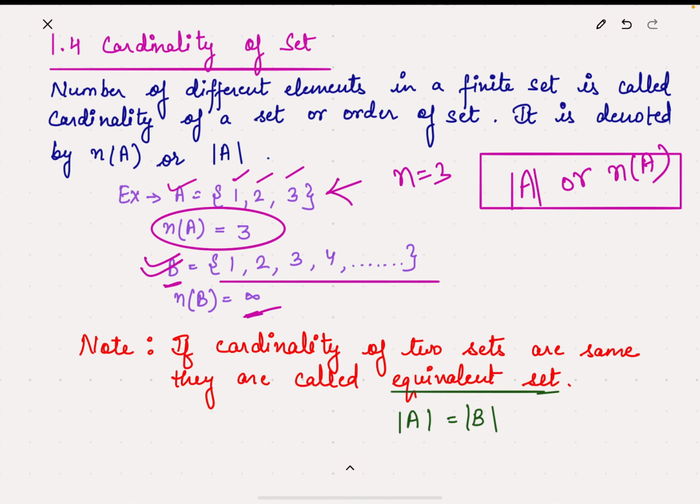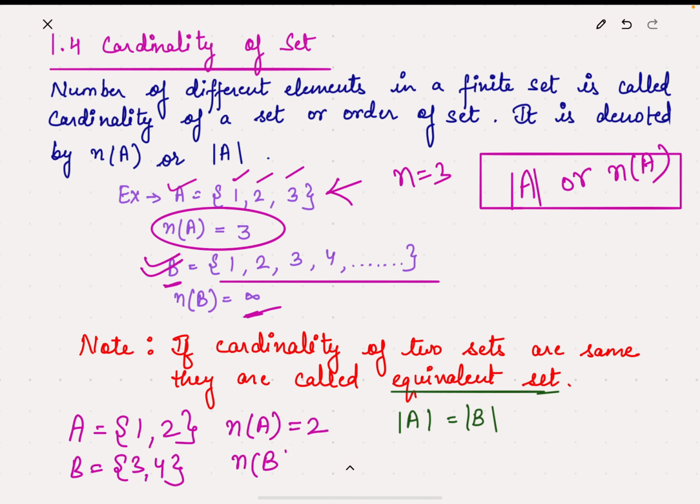One more thing that you need to learn is that if two sets have equal cardinality, or the same cardinality, then these two sets are equivalent sets. For example, if set A contains 1, 2 and B contains 3, 4, here we can say the cardinality of A is 2 and the cardinality of B is also 2.